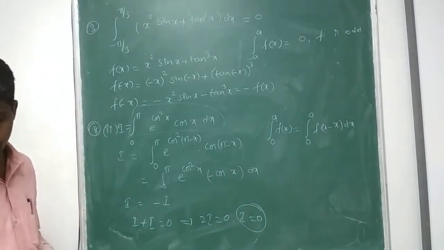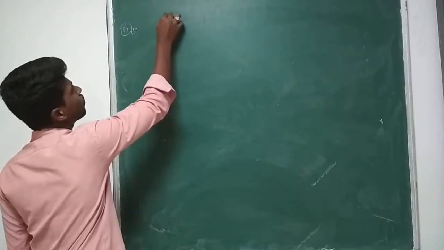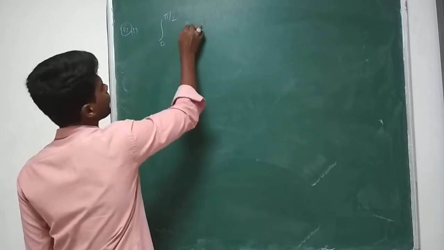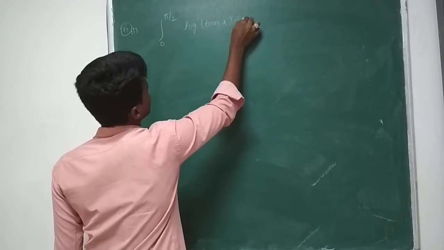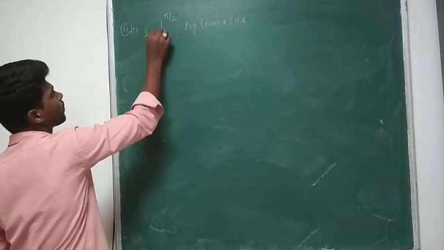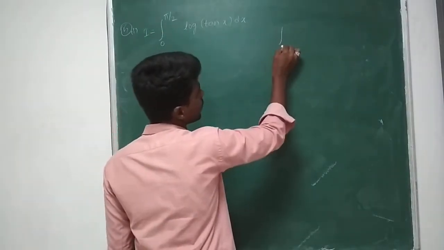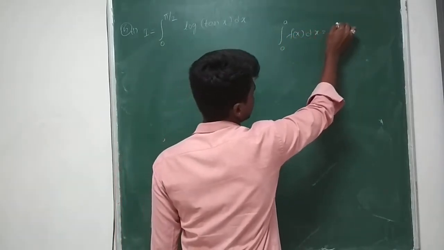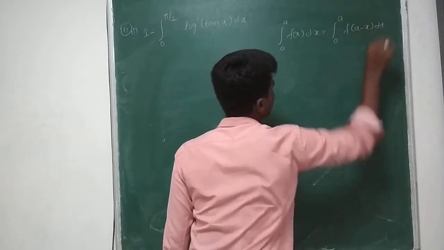After this, integral 0 to pi by 2 log tan x dx. Consider this as I, and it's looking like 0 to a. If I have integral 0 to a f of x dx, it can be considered as integral 0 to a f of a minus x dx.